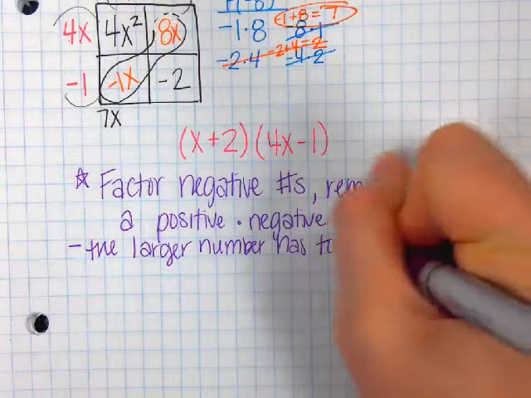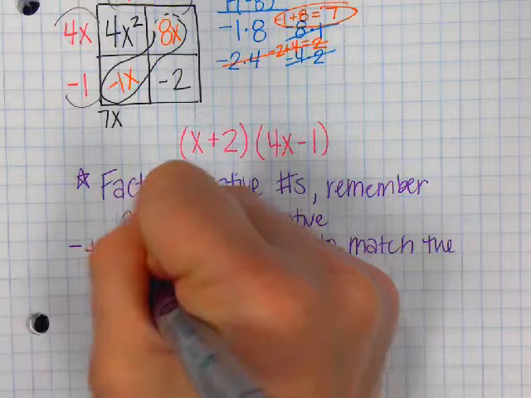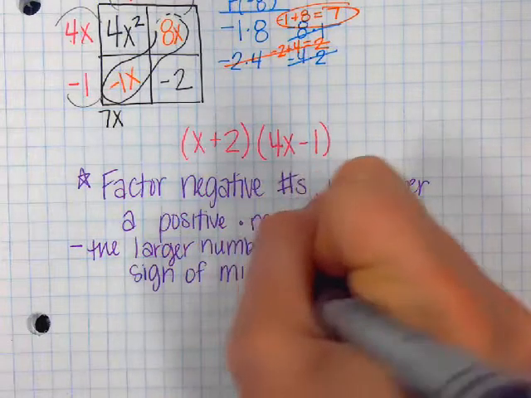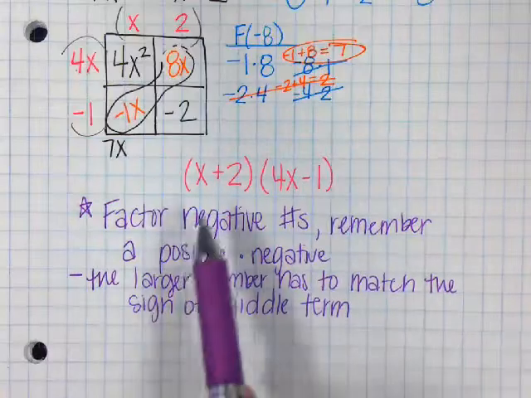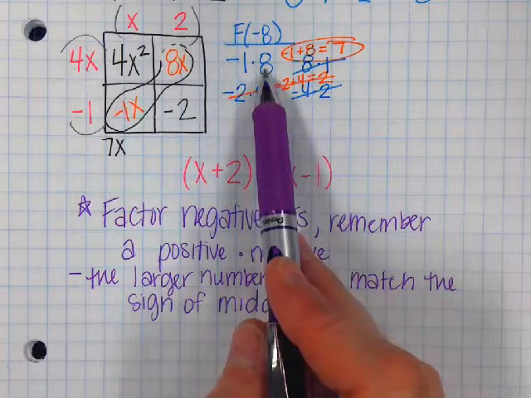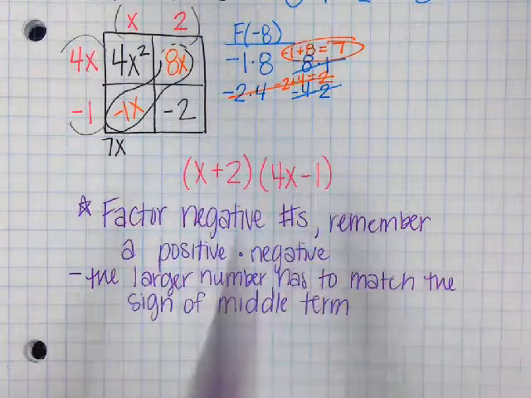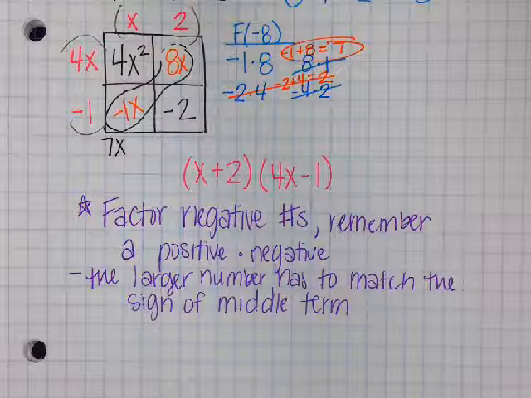And then the larger number has to match the sign of the middle term. The reason you have to do that, remember, is because if you have more positives, your answer is going to be positive. If you have more negatives, your answer would be negative. Okay?